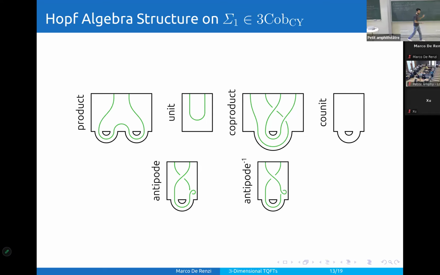The left dual is another object that comes with duality morphisms, so with an evaluation and a coevaluation that satisfy the zigzag equations. In the category of vector spaces, it's just the linear dual for finite dimensional vector spaces.